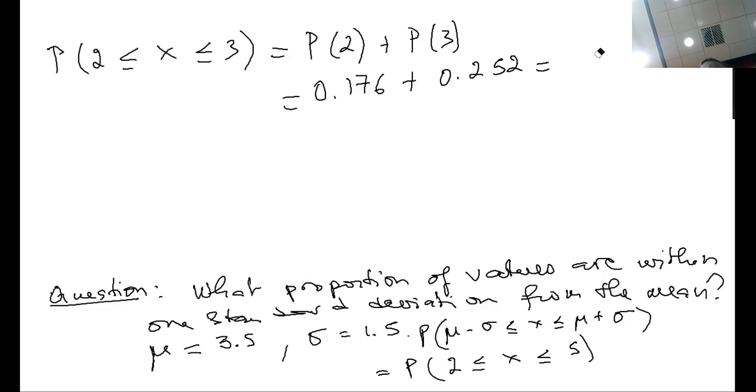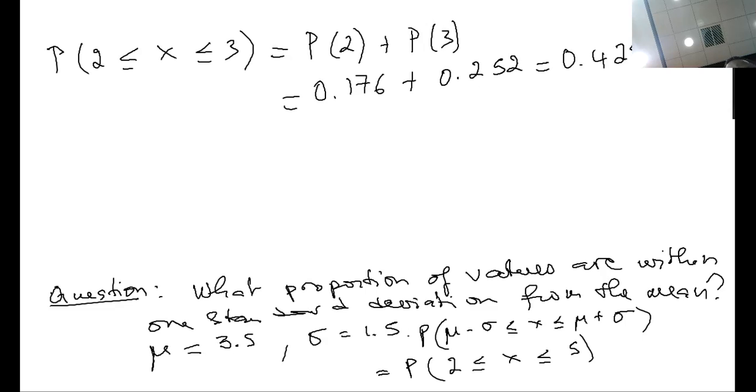Will this be exactly 0.4? Okay, 0.4. 0.428. Thank you. So about 42%, let's say 43% of values are within 1 standard deviation from the mean on this particular binomial distribution.